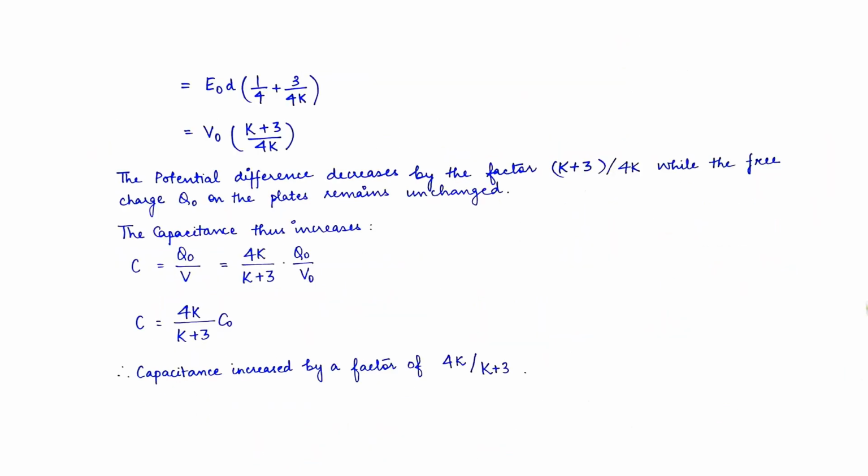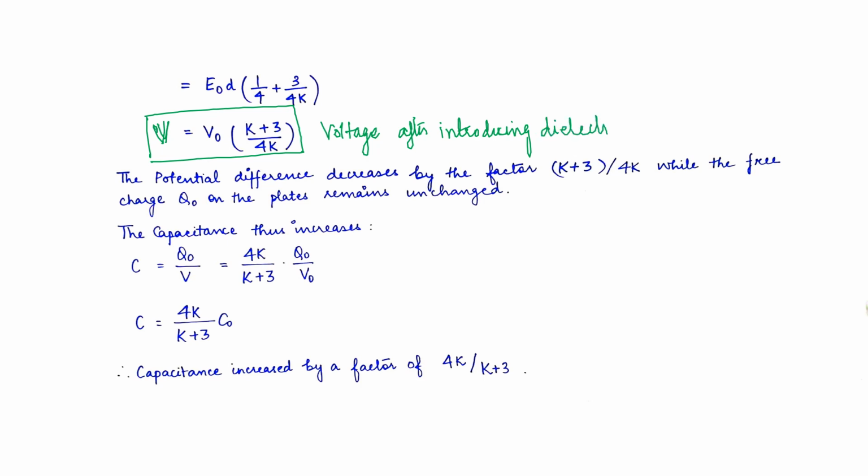After solving it, we find that the voltage after inserting the dielectric material comes to be V naught into K plus 3 by 4K.